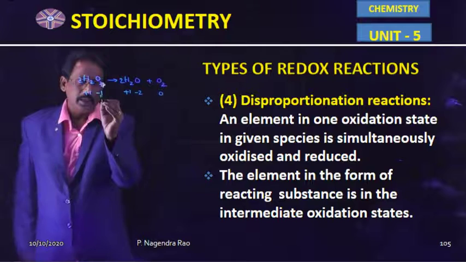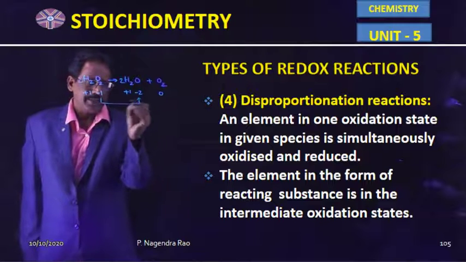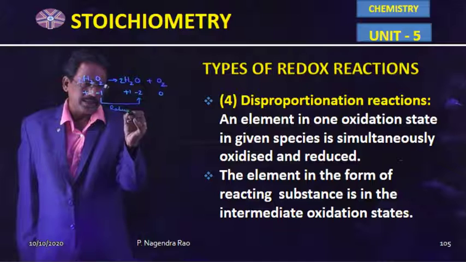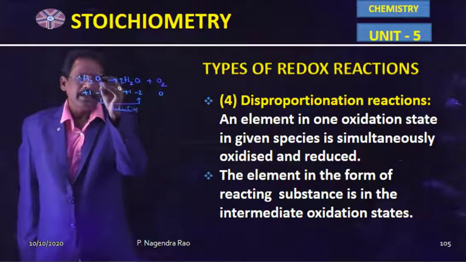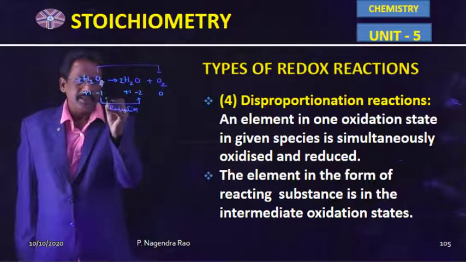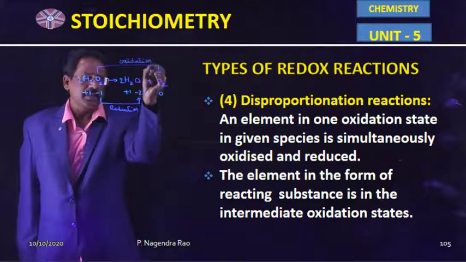So on the reactant side, oxygen oxidation state is minus 1. So minus 1 to minus 2, this is a reduction process. And when compared with O2, oxidation state of oxygen increases from minus 1 to 0. So this is an example of oxidation process.